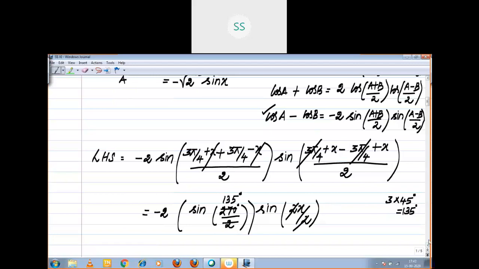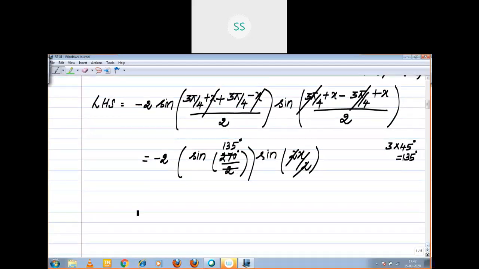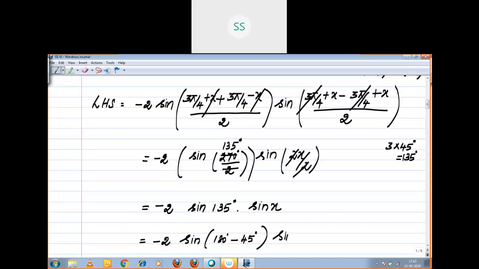Got it, children? Now minus 2 into sine 135 degree into sin x. See, 135 degree, how are you going to express? You are going to use the quadrant concept. Sine of 180 minus 45 degree.